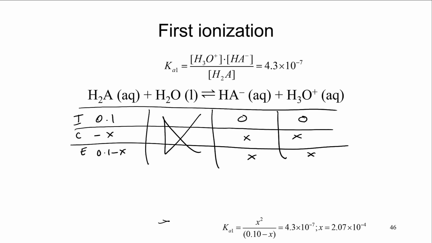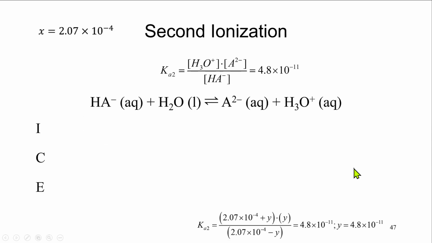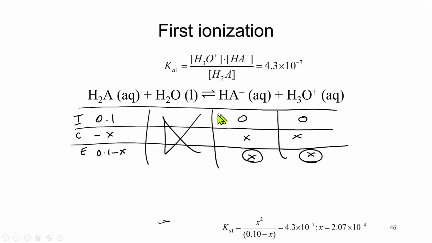So think about what's going to happen in this problem. There's your hydronium ion concentration, but here's your conjugate base. And if you look at the next ice table, right, it's going to have the conjugate base as its starting material, and hydronium as a product. And this is very hard to grasp initially. But this reaction, this first ionization, is producing a product and a reactant of the second ionization.